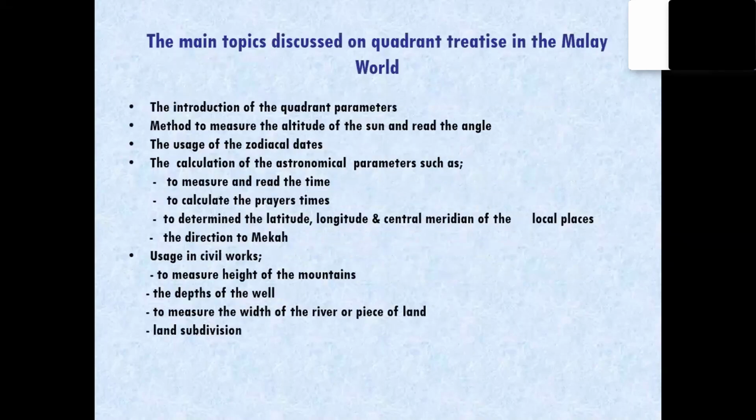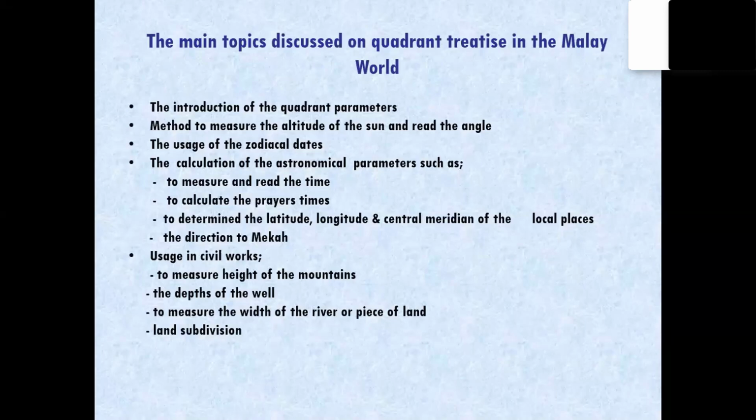In the Malay treatise about the quadrant, there is a part that talks about the introduction of quadrant parameters, the method to measure the altitude of the sun and read the angle. This is used to produce solar prayer time, and the usage of the zodiacal date.